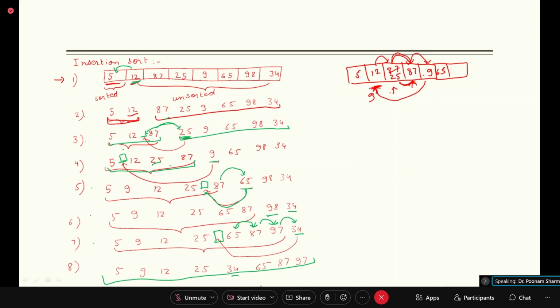Find out the index where the comparison is successful. Comparison is successful means 25 is greater than that element. And then the third thing to be done is moving these elements to the other position. So 3 things are to be done in this case for getting the appropriate result, right?